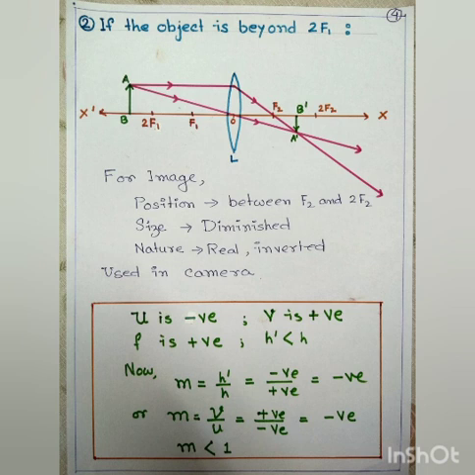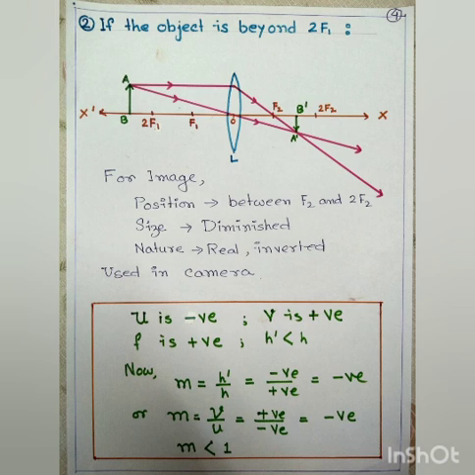Now see the position of the object. It is beyond 2F1 and it is AB. Now we will consider two rays. One ray which is parallel to the principal axis will pass through F2, the second principal focus, after refraction, and another ray we will consider passing through the optical center of the lens, and that will not deviate. It will pass through the lens following a straight path.